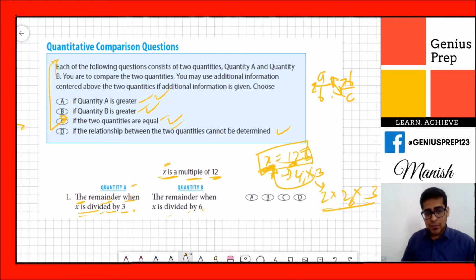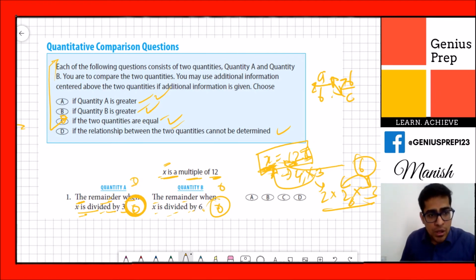So when x is divided by 3, the remainder will always be 0, because it comes out as an integer. The remainder when x is divided by 6: again, 6 is a factor of x, so again it comes out as 0. That means quantity A is 0 and quantity B is 0. So we need to look at the options. Option A says quantity A is greater, or option B says quantity B is greater.